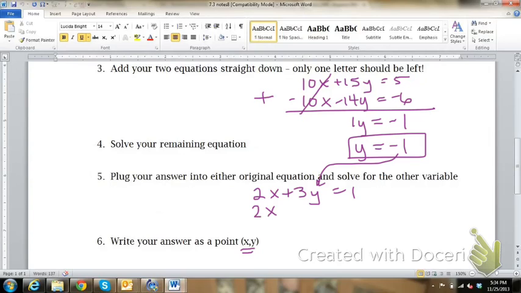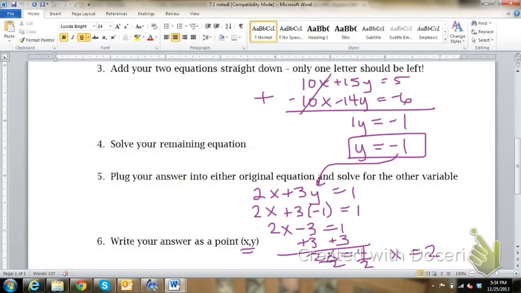So 2x plus 3 times -1 equals 1. That's a -3. Add 3. 2x equals 4. Divide both sides by 2, and you get x equals 2. Do not forget to write your answer as a point. So you put the x number first, 2, and then comes your y value, -1.